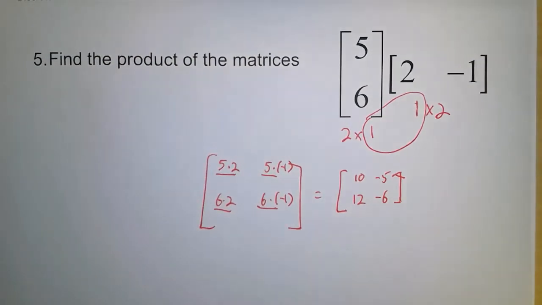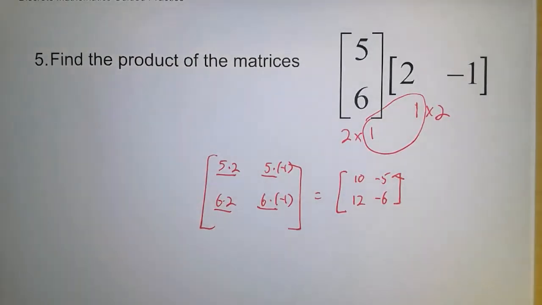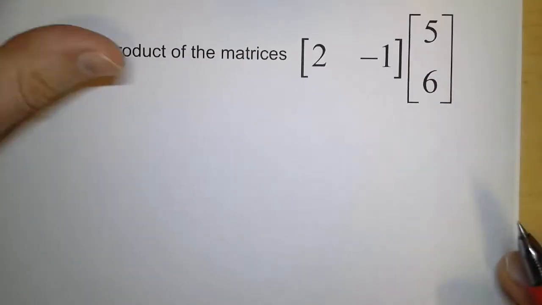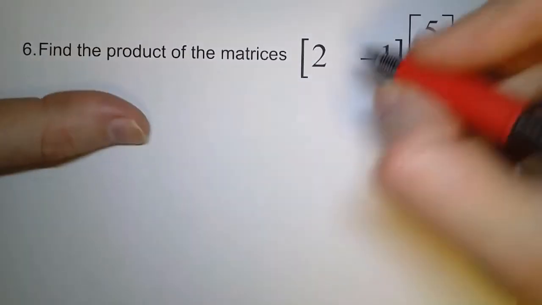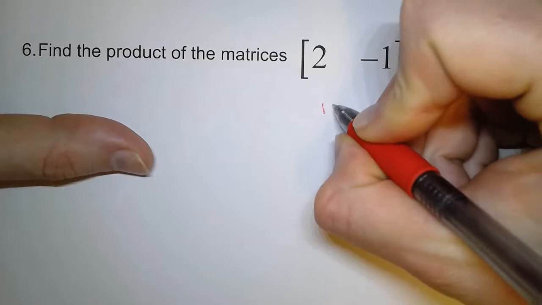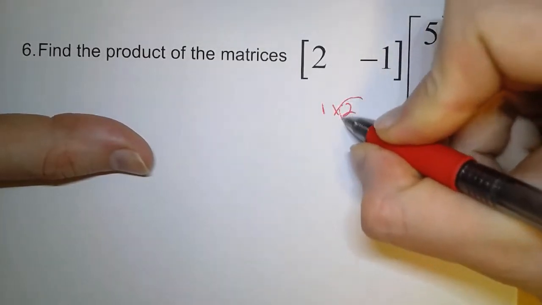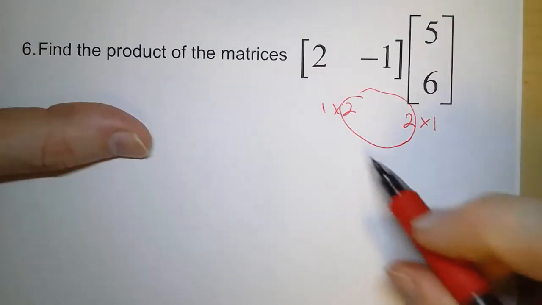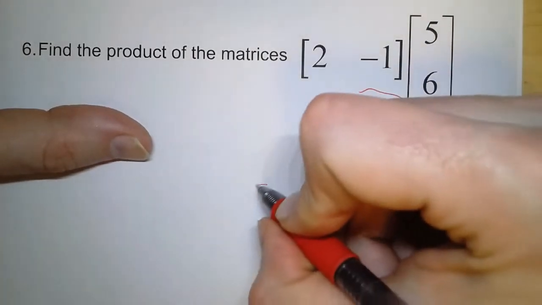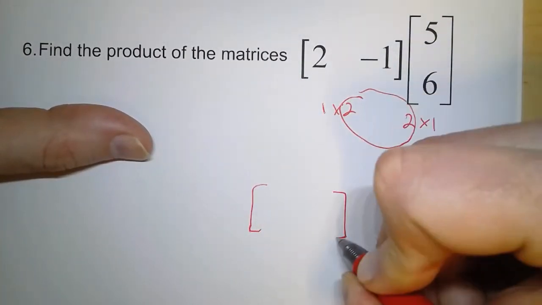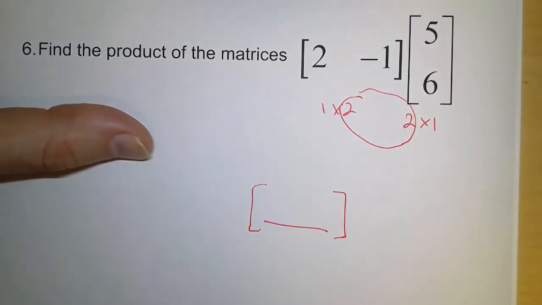Now what number 6 does is take those same two matrices but turns them around. And so here I've got a 1 by 2 and a 2 by 1. Now the inner numbers match, but what we're left with is a 1 by 1 matrix, meaning that this matrix is just going to have a single number.